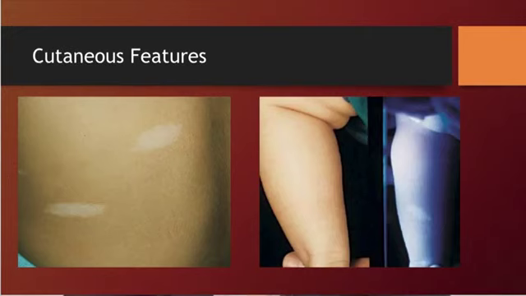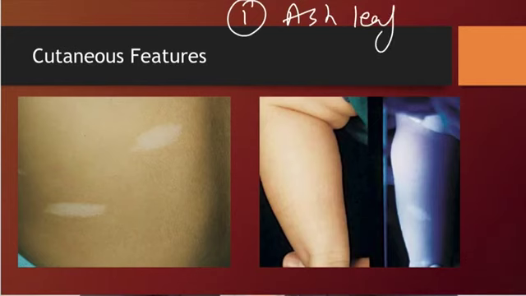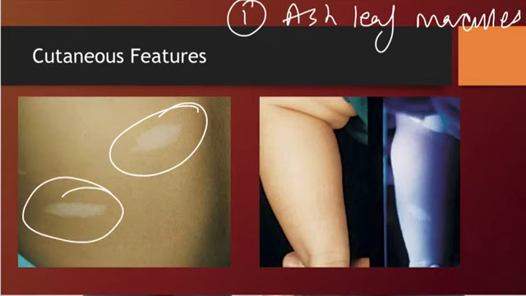Moving on to the cutaneous features. The first cutaneous feature we discussed, the earliest manifestation of tuberous sclerosis, is ash leaf macules. These appear as white or hypopigmented macules or flat lesions on the skin.